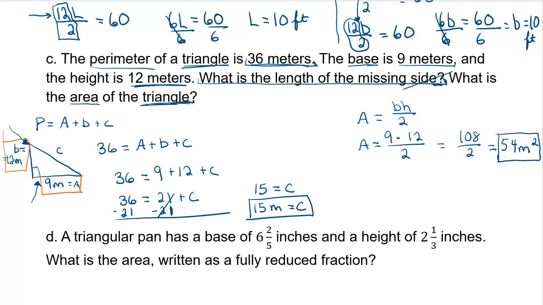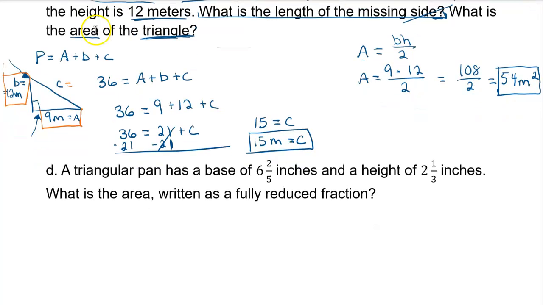So we could have calculated area first. Now, if we had been given C and not one of the other two, then we would have had to solve the perimeter question first and then use the result to find our area. So it's just important to be aware of those things. In this case, we already had the information we needed to find the area. Other times, we won't have enough information, and we have to do something before we can find the answers we're looking for.